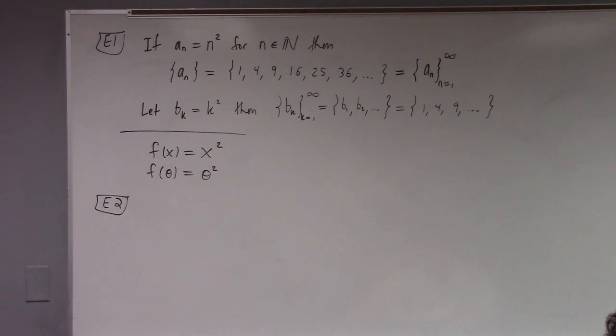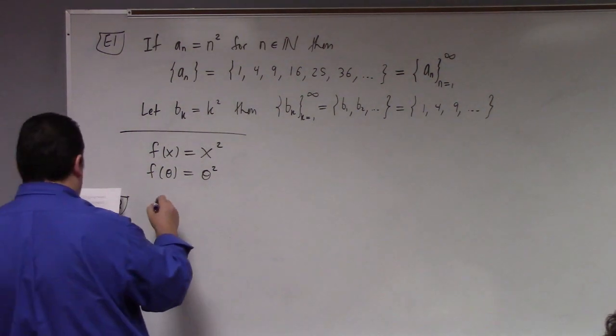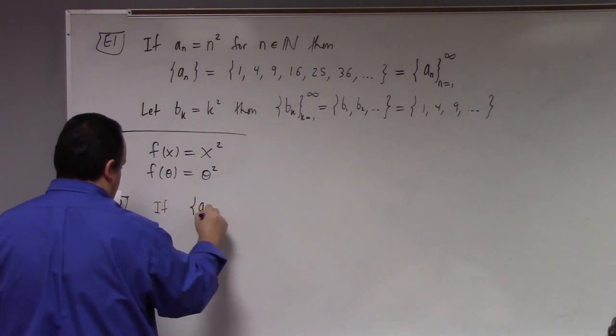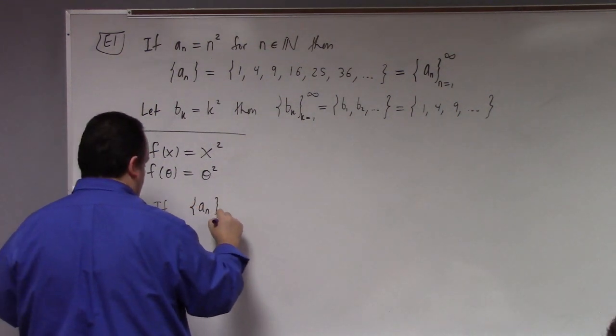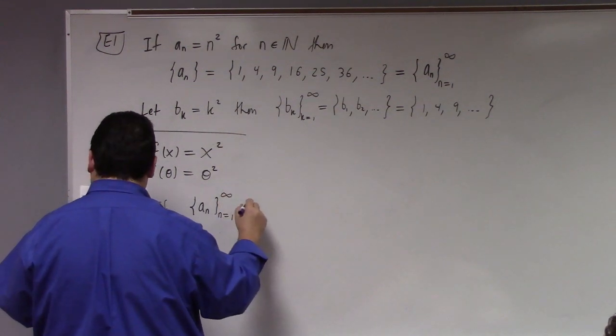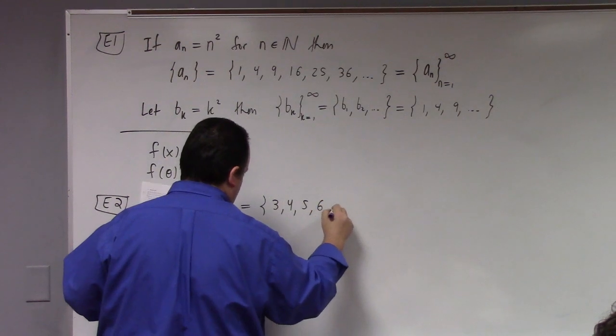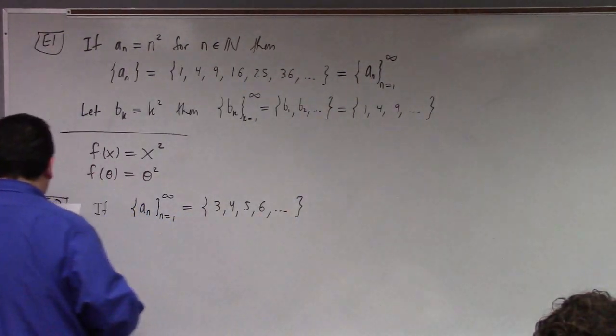Let me make less silly comments. Here's one. Let's actually put into practice this freedom to change the index. If we have a sub n, n equals 1 to infinity, equal to 3, 4, 5, 6, and so forth, right?